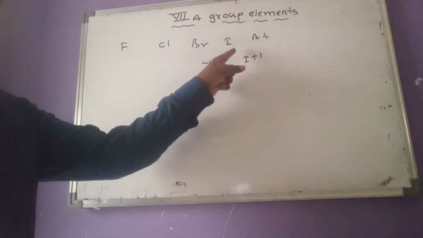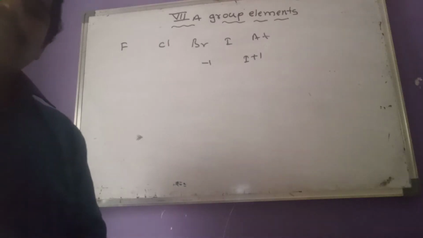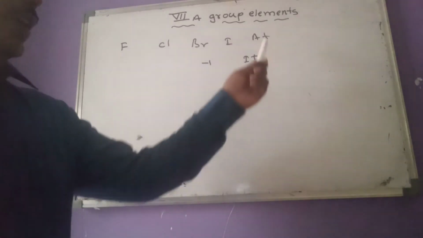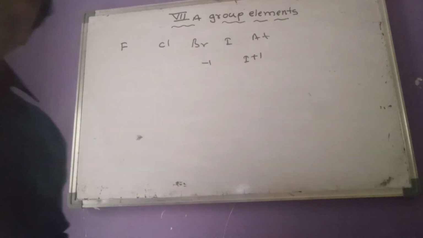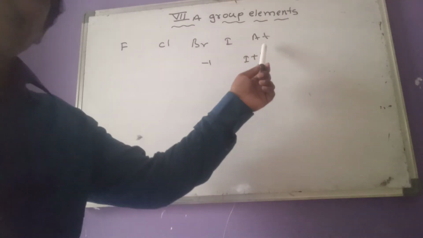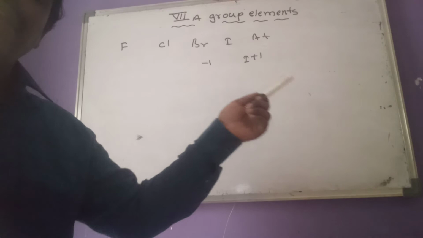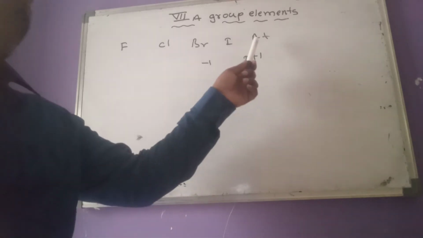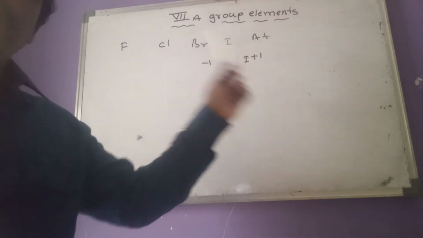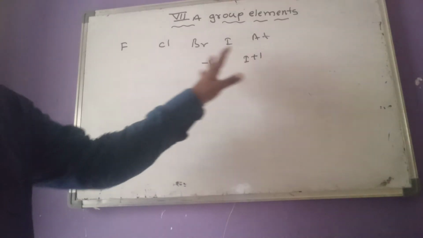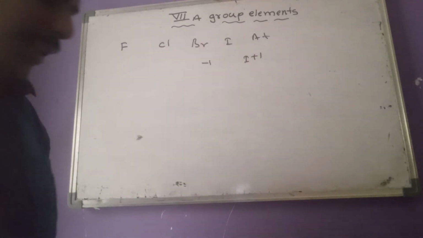So that is the speciality of iodine. So which is the reducing halogen? Iodine. And what is the speciality of astatine? It is a synthetic halogen having a short half-life period. So it is a radioactive halogen. So these are the specialities of halogens.